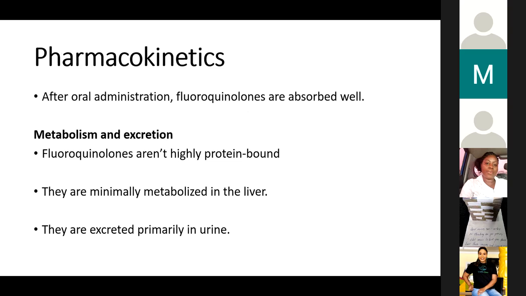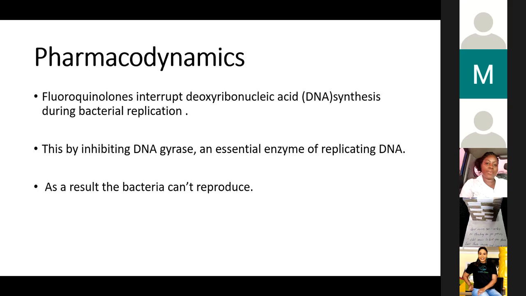So mostly when they are given orally, they are well absorbed, and they are not protein bound. They are metabolized in the liver and excreted in the urine. So fluoroquinolones, what they do is that they interrupt DNA synthesis.